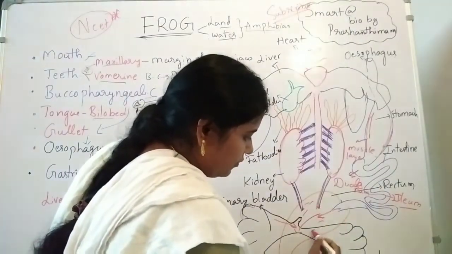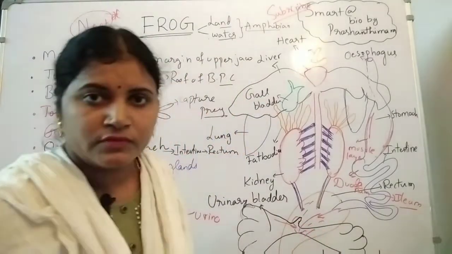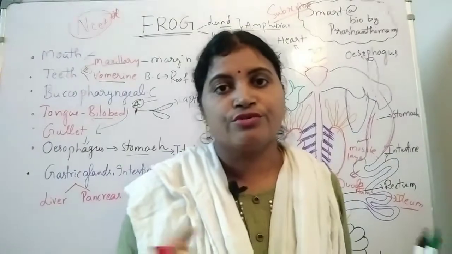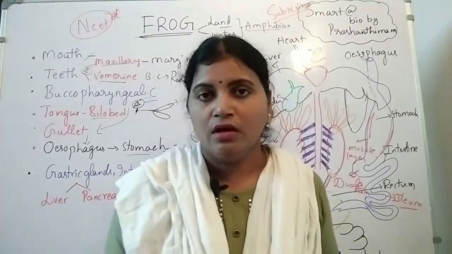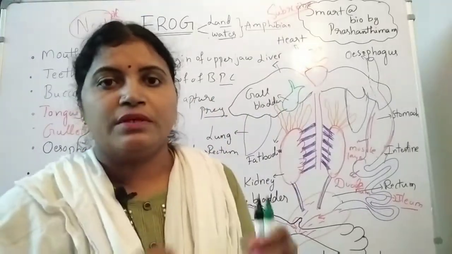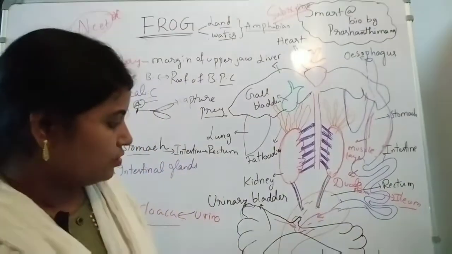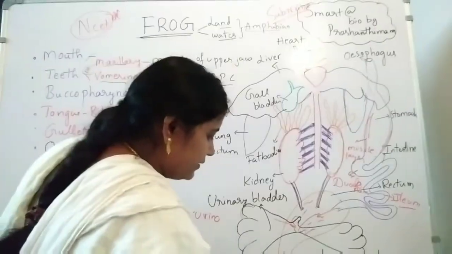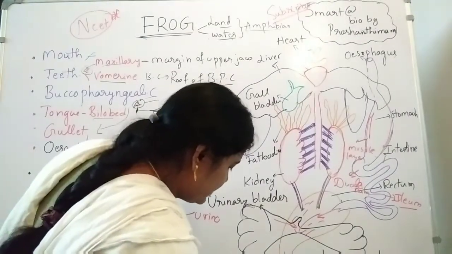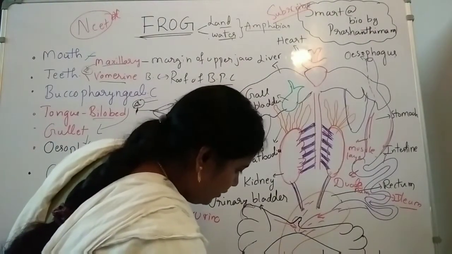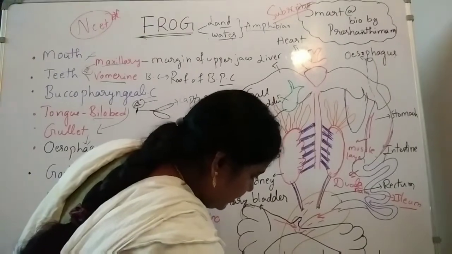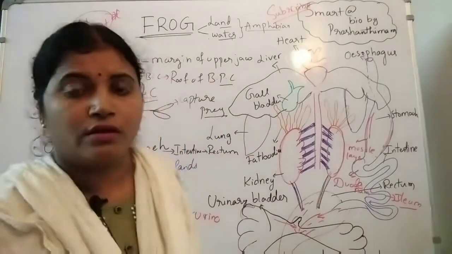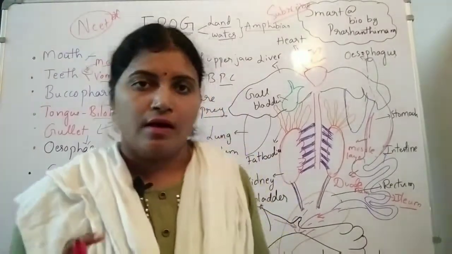So the urinogenital and digestive openings end in the cloaca. The cloaca ends as a cloacal aperture, through which it releases the gametes and also undigested food. That is the common opening, the cloacal aperture.